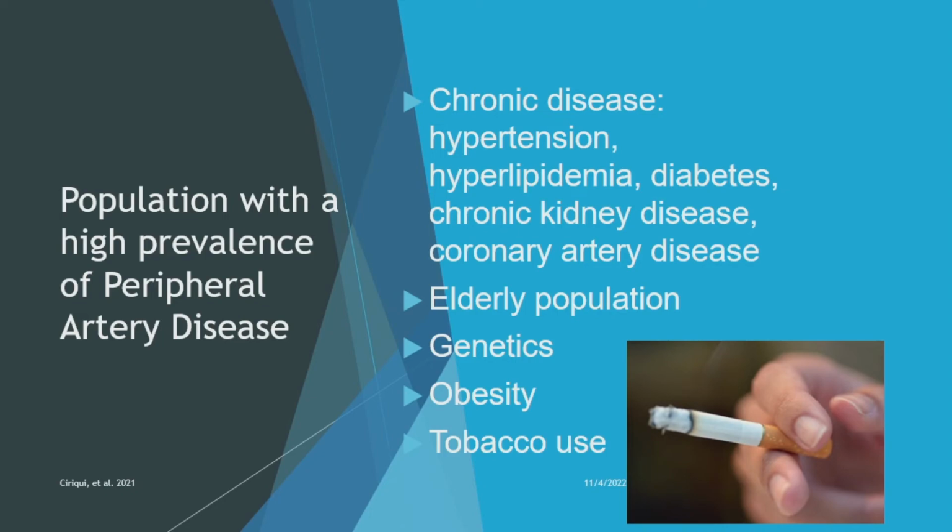So you're seeing these guys in your office frequently, and so you're able to determine who's at risk for PAD. We know that the elderly population is at a 3 times increased risk of having PAD, and we know that smoking is a vital component to the progression of this disease.